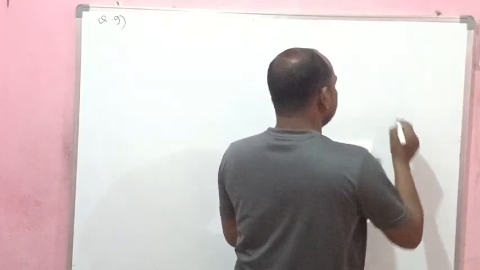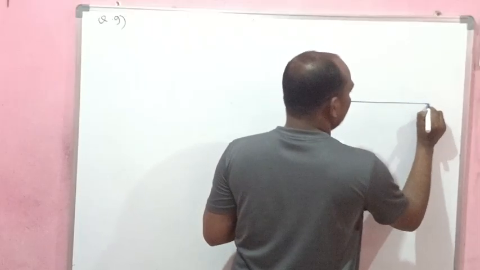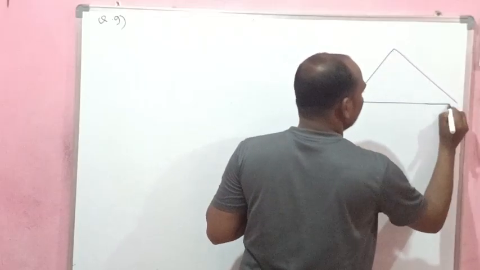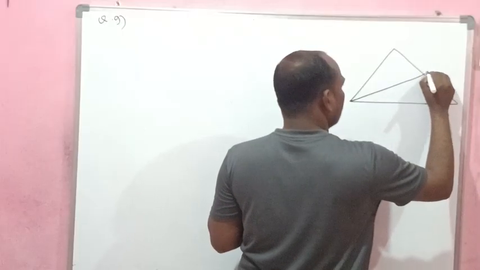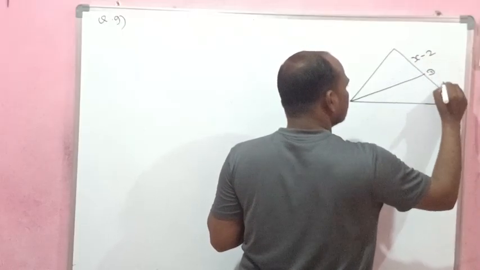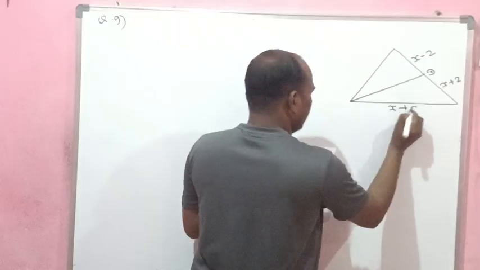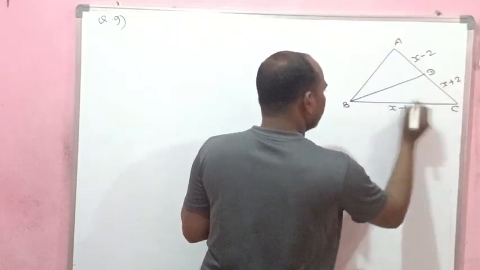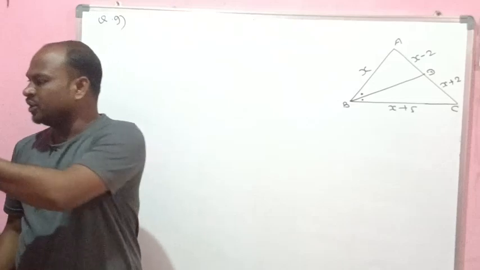Now these values will be D, x minus 2, x plus 2, x plus 5, that is B, A, C, and this angle bisector and x. We can find the value of x.